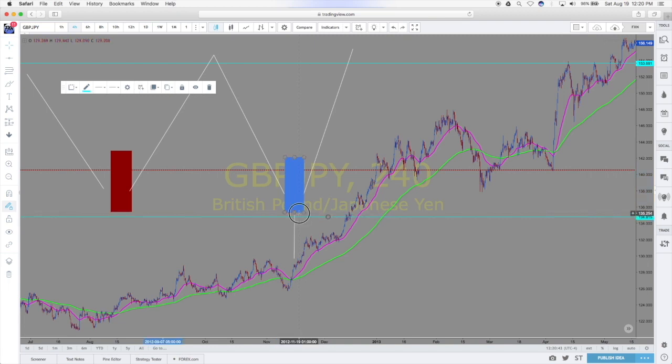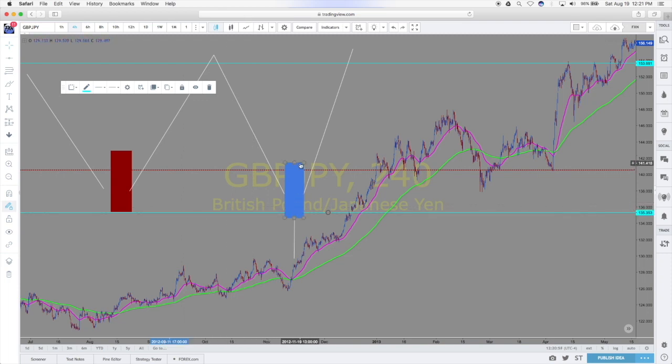So the candle cannot be like this. It's got to be even. The wick doesn't matter, just the bodies matter. The bodies have to be even with each other.